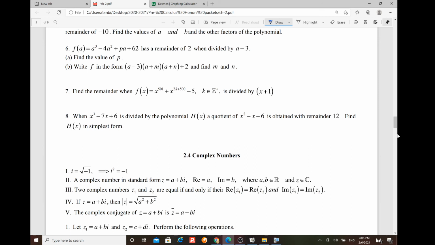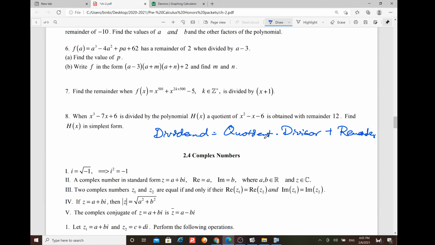Okay, so again, we're using the structure I mentioned before. The dividend can be written as the quotient times the divisor plus the remainder.